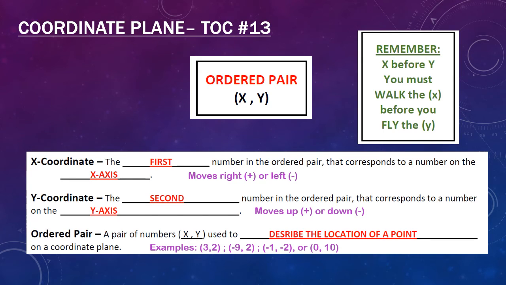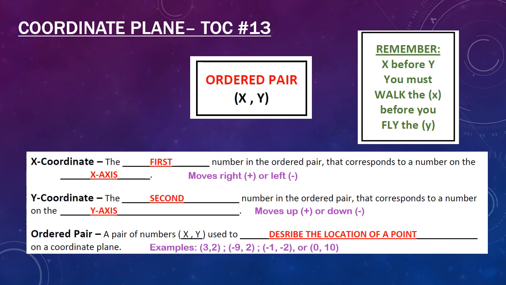And here's some examples of what you're going to see. You're going to see 3, 2, and that 3 would be the left or right, and the 2 would be up or down. If you look at the second example, -9 and 2, it's -9, I'm going to go to the left, and a +2, I'm going to go up. With the third example, I have a -1 to the left, 1 space, and then a -2, I would go down 2 spaces.